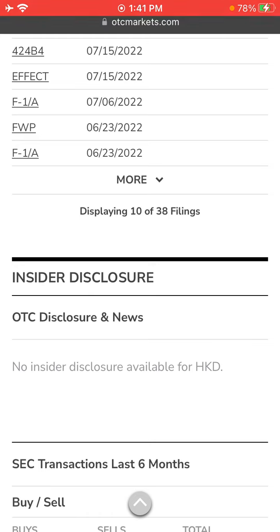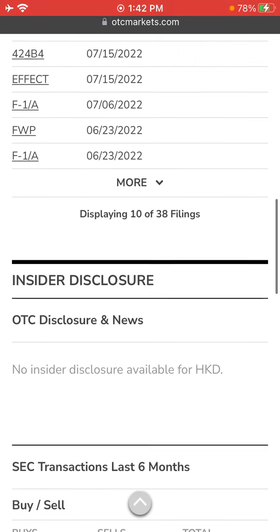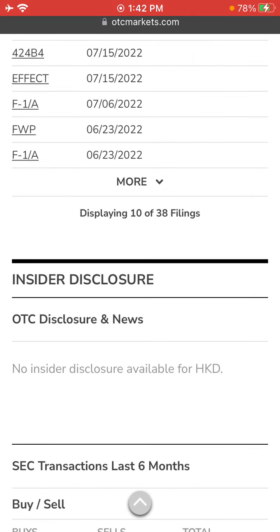And so the 424B4 form is the initial public offering form. Sometimes it's also equivalent to the F1 form, but in this case it looks like they list both. Either way, I'll look at the most recent one.